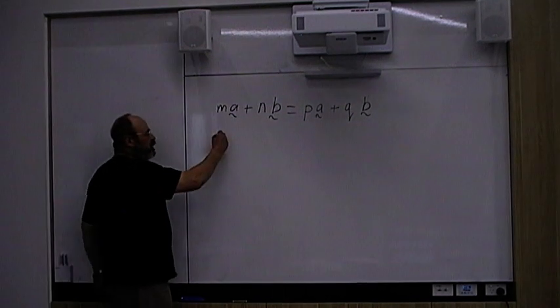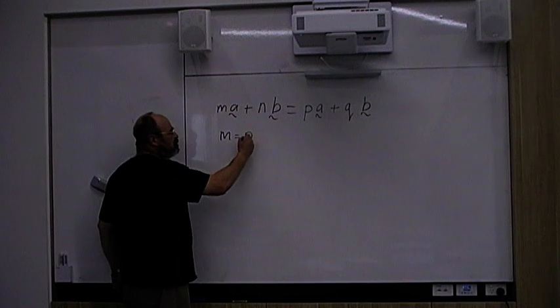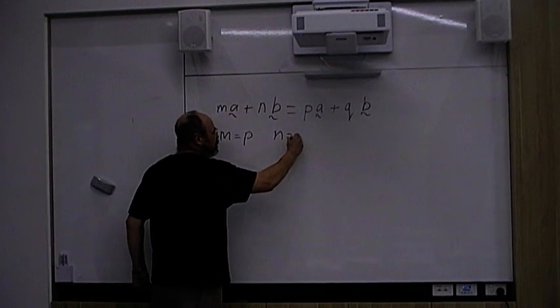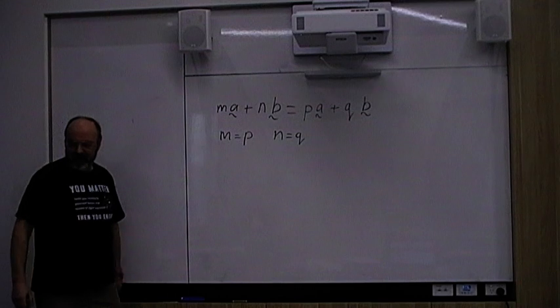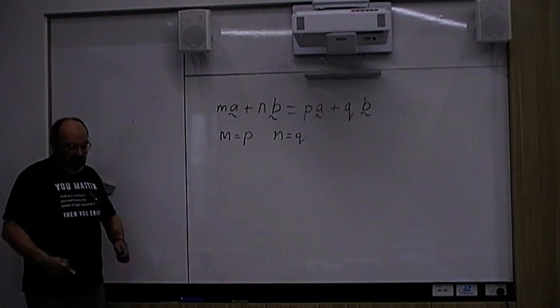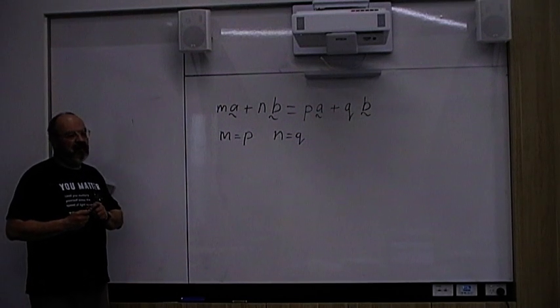M equals P and N equals Q. Pretty straightforward. Now let's do some examples.